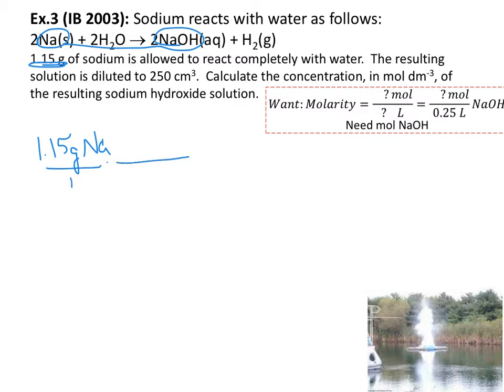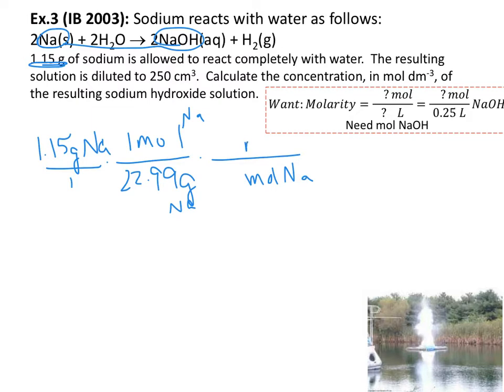So first I'll use sodium's molar mass, 22.99 grams to 1 mole. And then, since this was sodium, I'm going to use the mole ratio with sodium on the bottom, mole of Na, and I'm going to put the moles of sodium hydroxide on the top. And I want to keep it in moles, so I'm going to stop there and not go to grams.